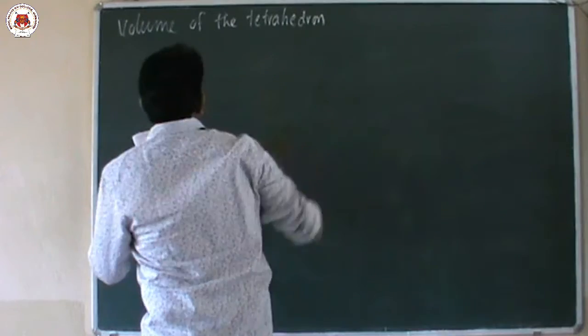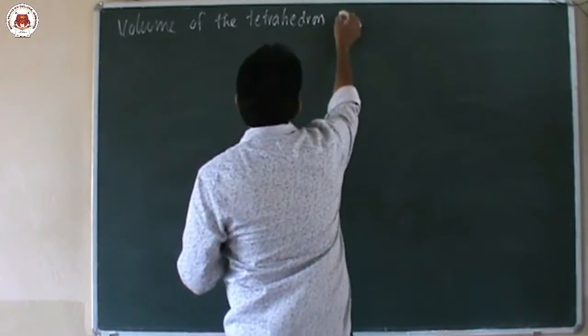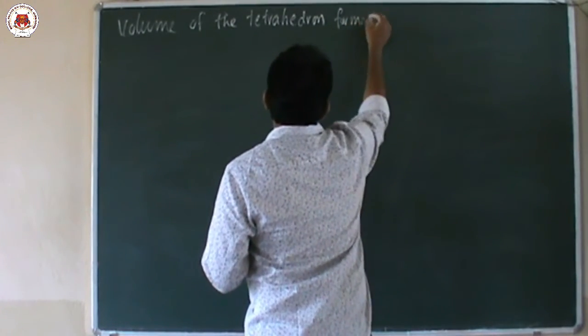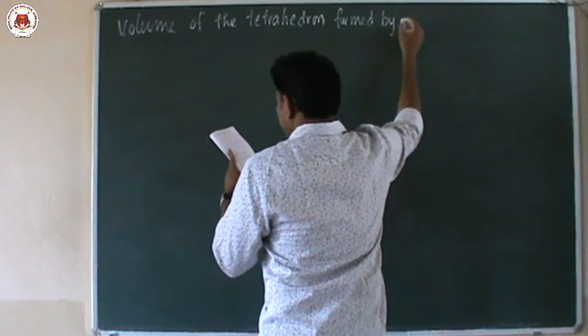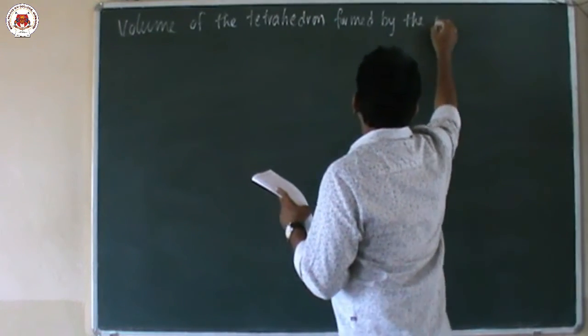The volume of a tetrahedron formed by the points.